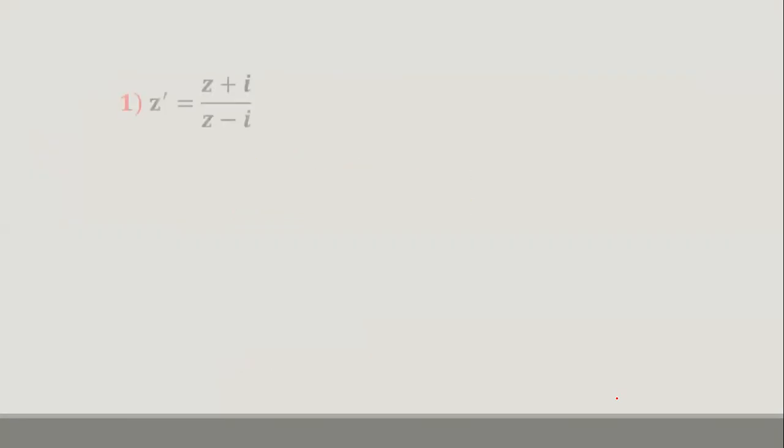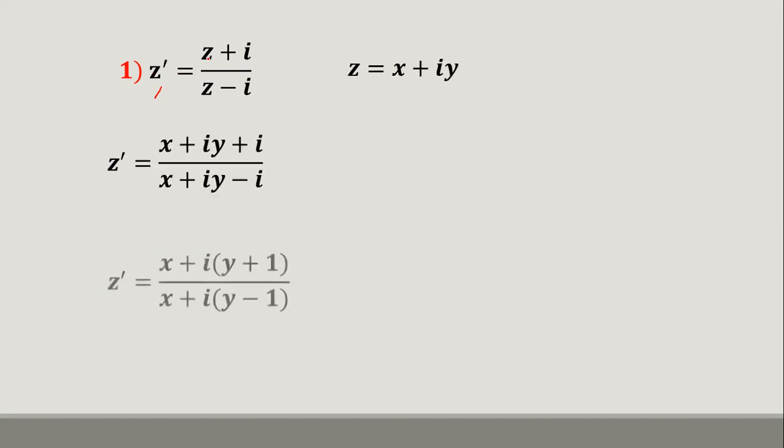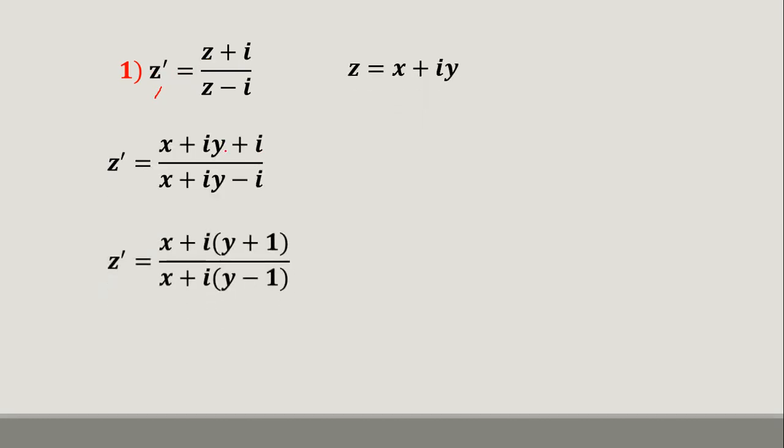So how? Let's check the answer together. We replace Z prime by x prime plus i y prime and Z by x plus i y, taking i as a common factor in order to write Z prime in algebraic form.